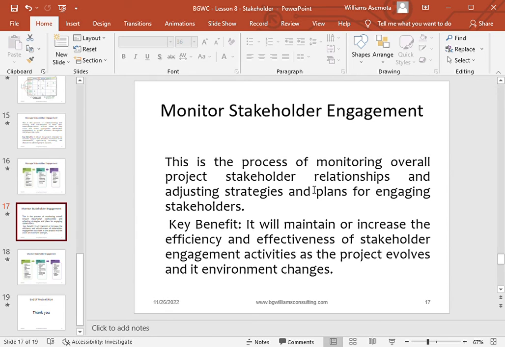So it is in this process of monitoring that it will help you to increase the efficiency and effectiveness of your stakeholder engagement activities. If, for instance, in the process of monitoring you discover that a particular stakeholder is not responding to mail or is not attending meetings, or you want to do a demonstration meeting and you have sent mail to that stakeholder to join and he's not joining, it is your responsibility to find out why.